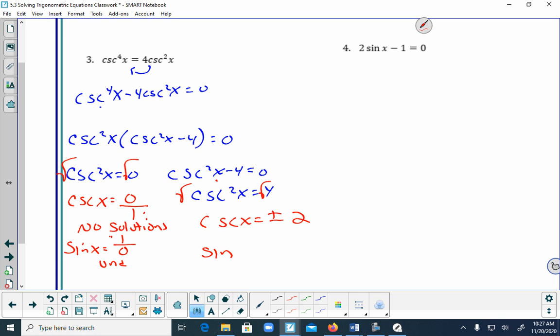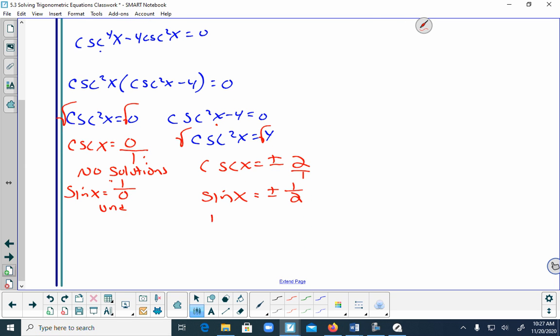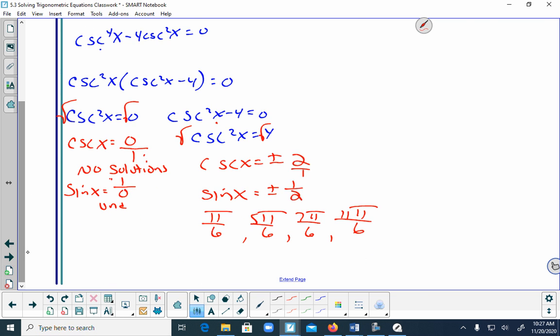So I'm going to go to the sine because I know sine better. This is 2 over 1. So I want to know when the sine is equal to plus or minus 1/2. Well, that's easy. That's anything with a denominator of 6. So I'm going to write everything with a denominator of 6, one lap around my unit circle. And since it wanted all solutions, it did, I'm going to write plus 2n pi.